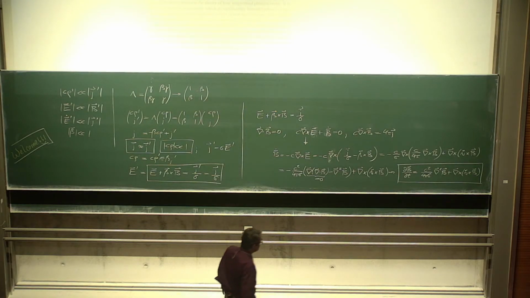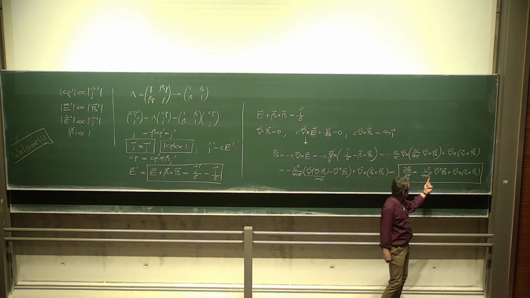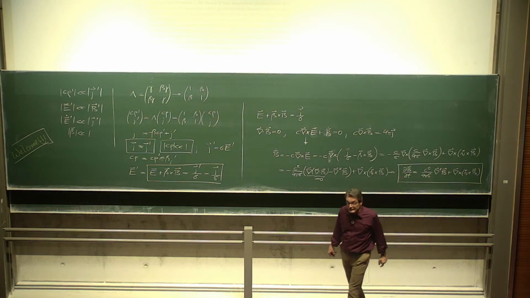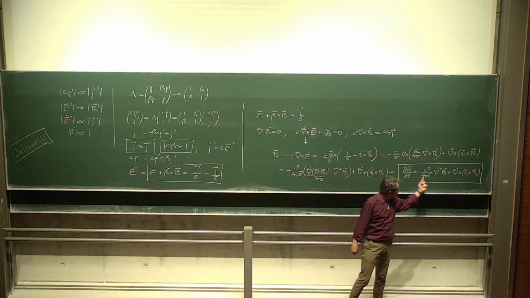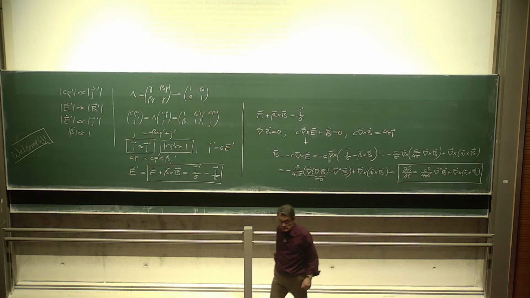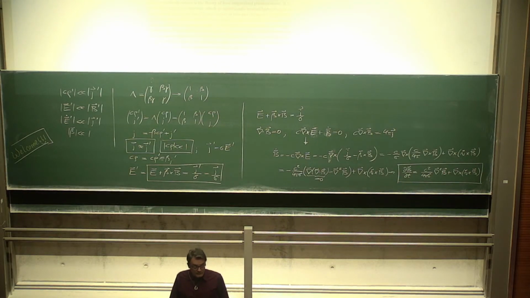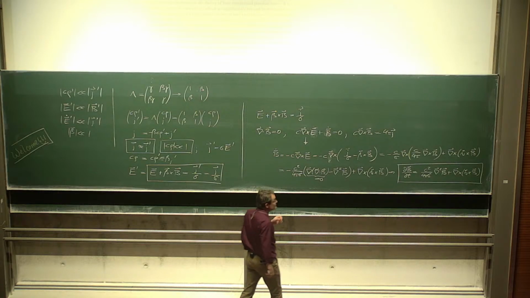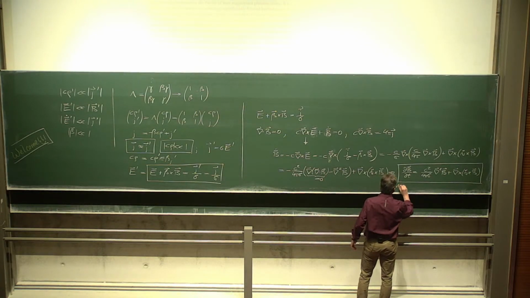So if the conductivity is finite, there will be magnetic field diffusion. If the conductivity is infinite, the diffusion is gone. We need to return to that because you have seen an equation like that already in viscous hydrodynamics, and I'm going to compare that to that. But this is the magnetic induction equation.